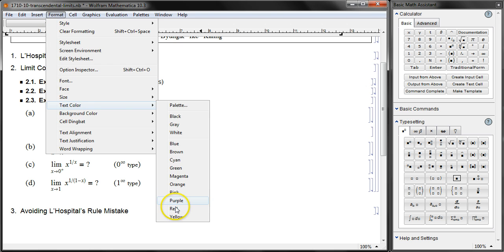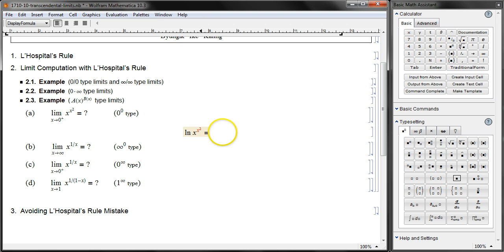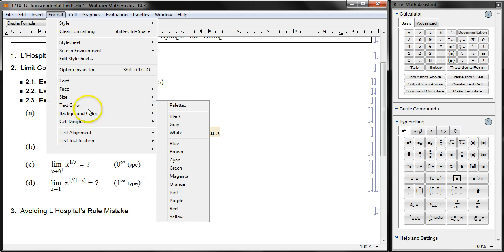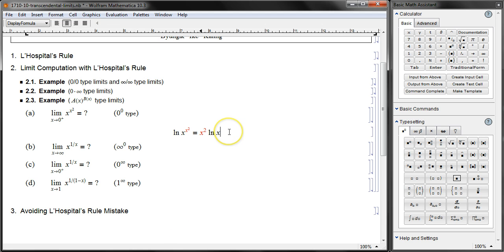This power comes out as a coefficient, and we have something like this. So by taking the log, this a of x to the b of x power became a product u times v form. We're almost there. If you change it into a fraction, then we're going to be ready to apply L'Hopital's rule.